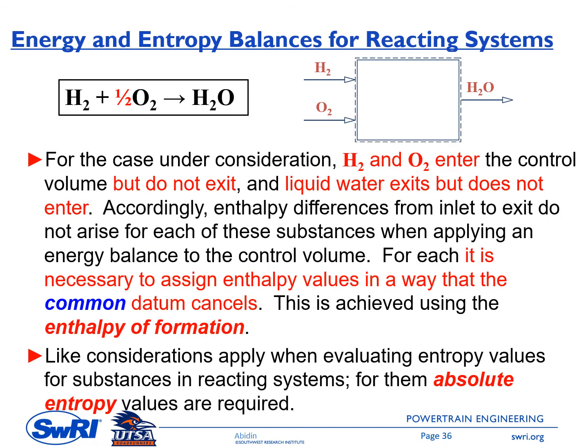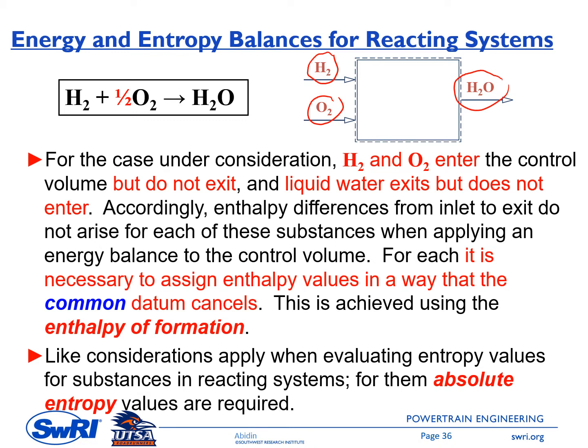For the case under consideration, where we have a reaction process inside the system, for example, in this schematic, we have H2 and O2 entering the control volume, but not exiting. So you can see here on the left side, we have H2 and O2, but they do not exit, and liquid water exits, but does not enter. So accordingly, enthalpy differences from inlet to exit do not arise from each of the substances when applying an energy balance to the control volume.